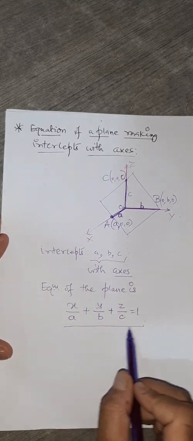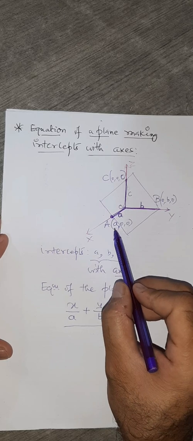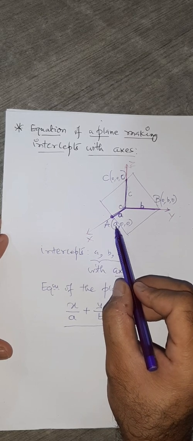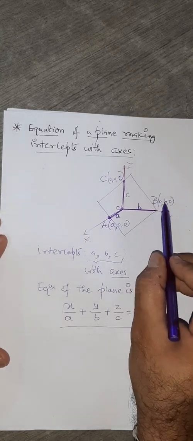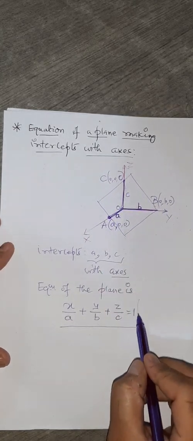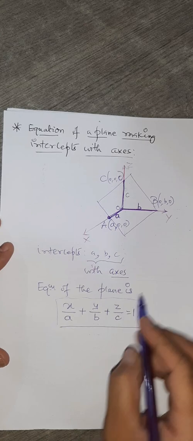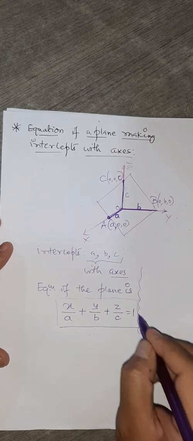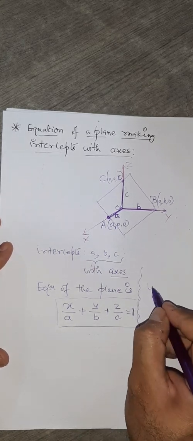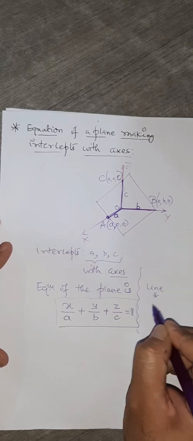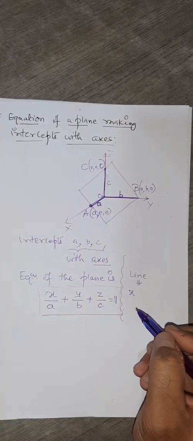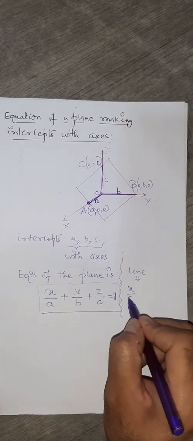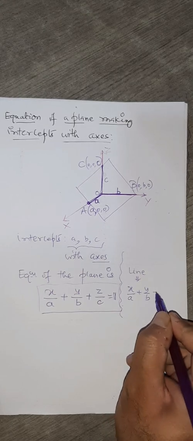How will we get this equation? Very simple. Use the first theory. Equation of the plane through three distinct non-collinear points a, 0, 0, 0, b, 0 and 0, 0, c. You will get this. But we had a similar form in straight line. If you remember, the line with two intercepts was x upon a plus y upon b equals to 1.